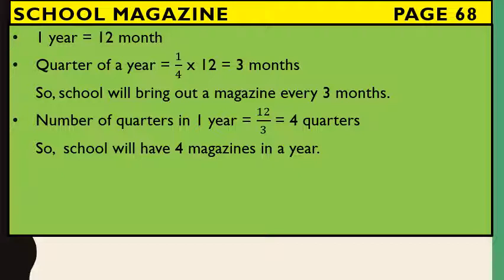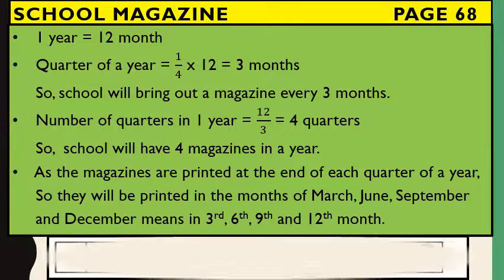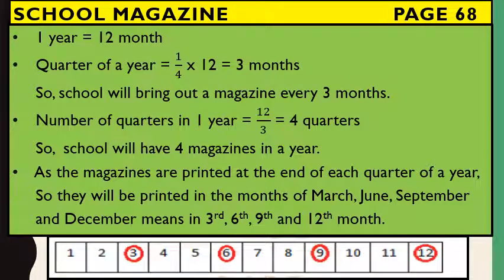Now, as the magazines are printed at the end of each quarter of a year, they will be printed in the months of March, June, September and December, meaning in the 3rd month, 6th month, 9th month and 12th month. So circle 3rd month, 6th month, 9th month and 12th month with red color.